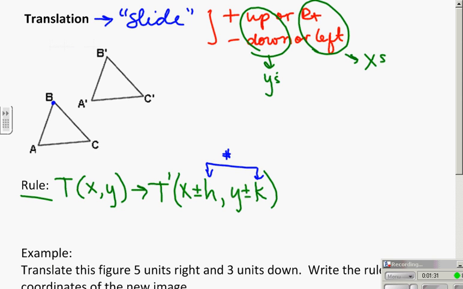Just in general, a couple of cool things about translations is if I connect B to B prime, A to A prime, and C to C prime, all of these distances are equal and all of these lines are parallel. And that's a very cool property of translations.